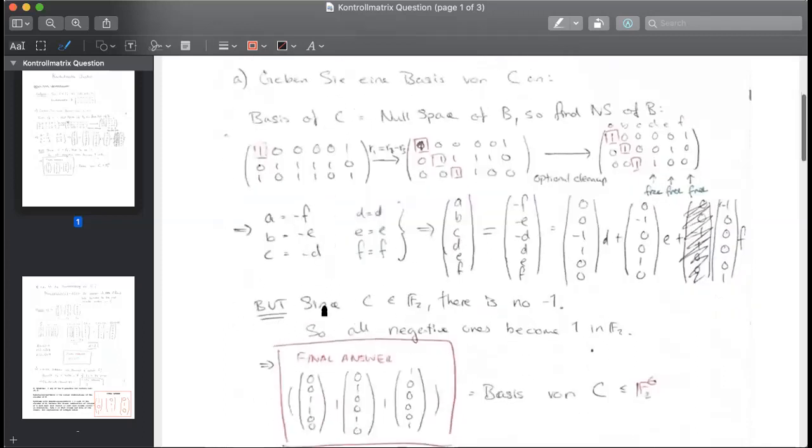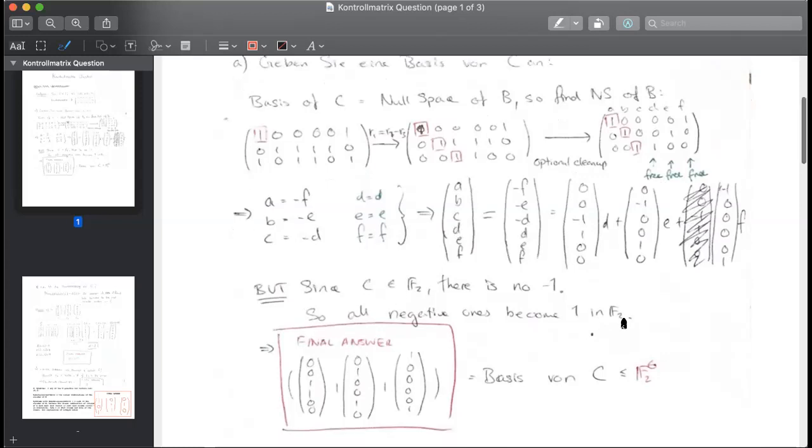That's what I wrote here: C is in F2, so there is no -1. All -1s become 1 in F2. If you had, let's say, -2, that would be 0, -3 would be 1, and so on. Or if you had +2, that would be 0 as well. So just make sure you do not forget to convert this basis into the F2 field, all right?